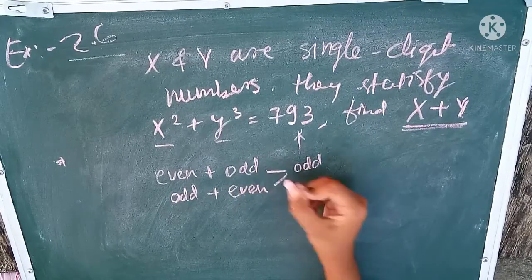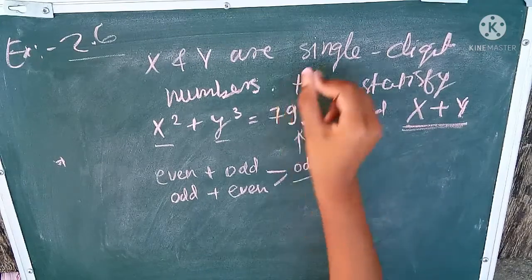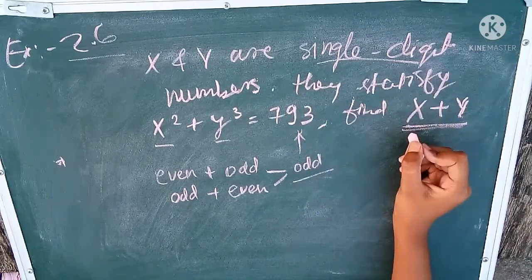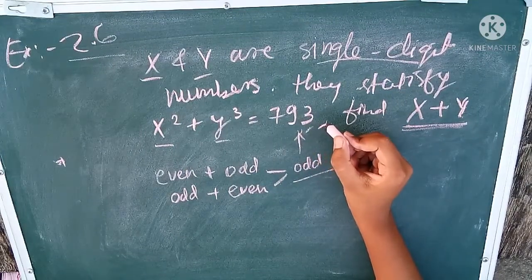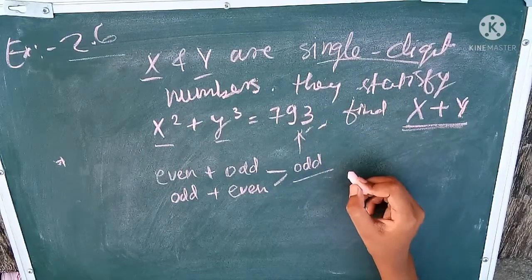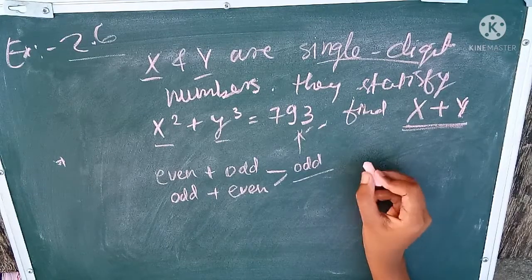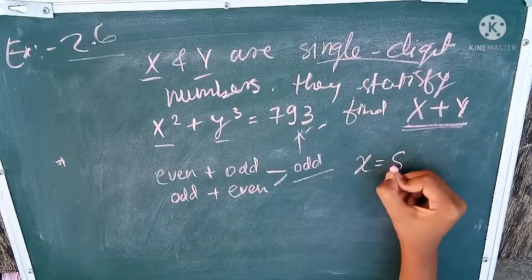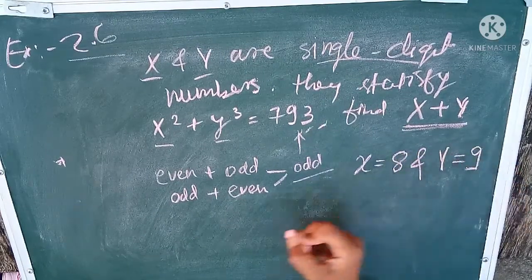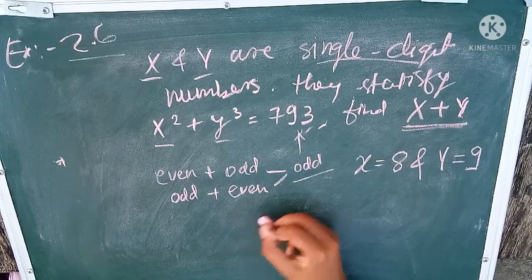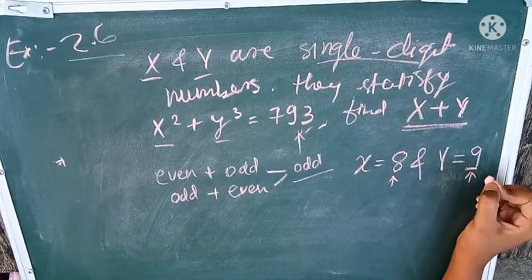Now what are the possibilities of single digits in the place of x and y so that it satisfies this equation? Keeping this in mind, the only digits which satisfy this equation are x equal to 8 and y equal to 9. Here we have 8 as an even number and 9 as an odd number.